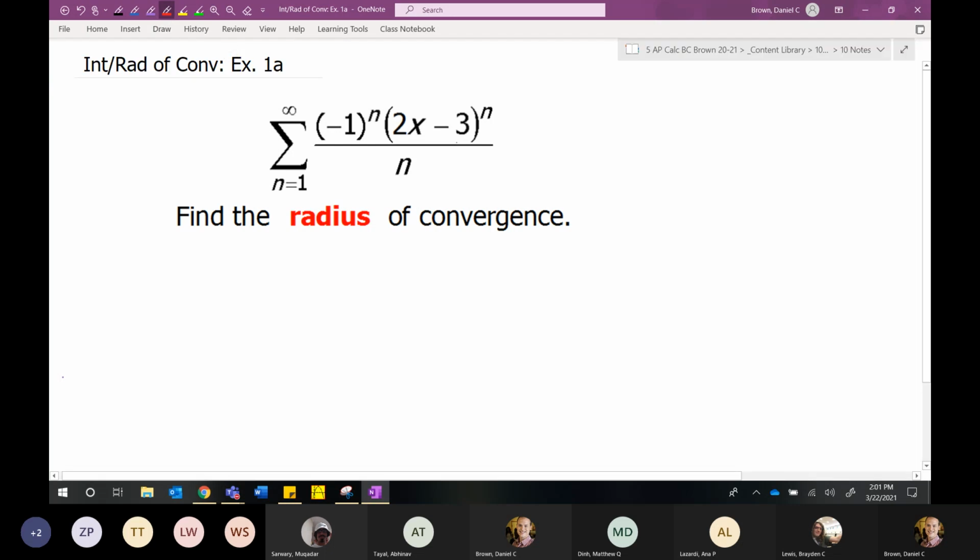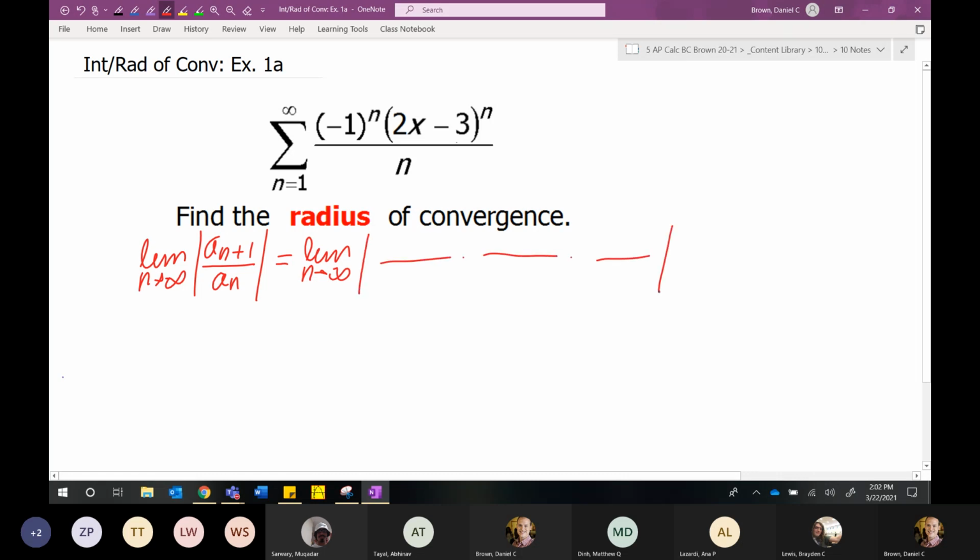Do need to make sure you show work appropriately. Some people got lazy on their quiz and I took points off. But with ratio tests, you always want to show what you're trying to find. You are allowed to jump into where you've already plugged it in, multiplied by the reciprocal and lined things up. So when I do the limit of a sub n plus 1 over a sub n, I'm going to set up my fractions.